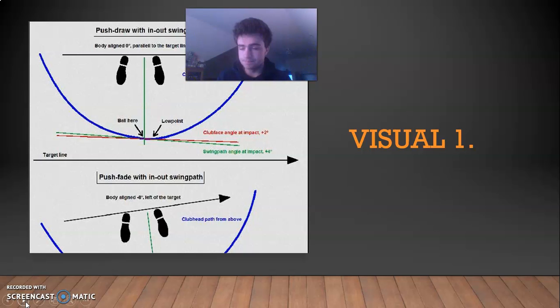Okay. So you can see his body's aligned at 0 degrees. He's parallel to his target line, meaning he is straight. The ball is here, so the ball is what we call 0 at impact. And so you can see he came across the ball, and the swing path is in green. His club face is in red.